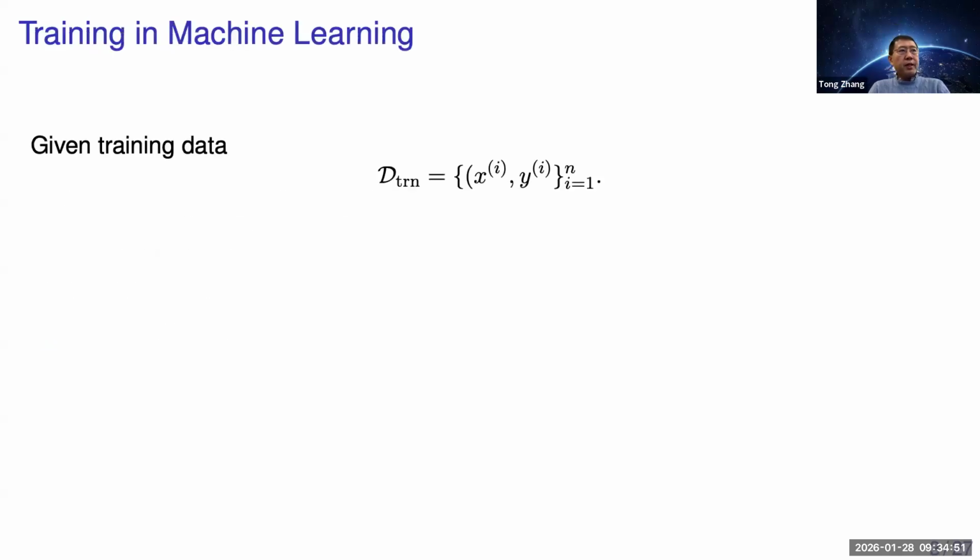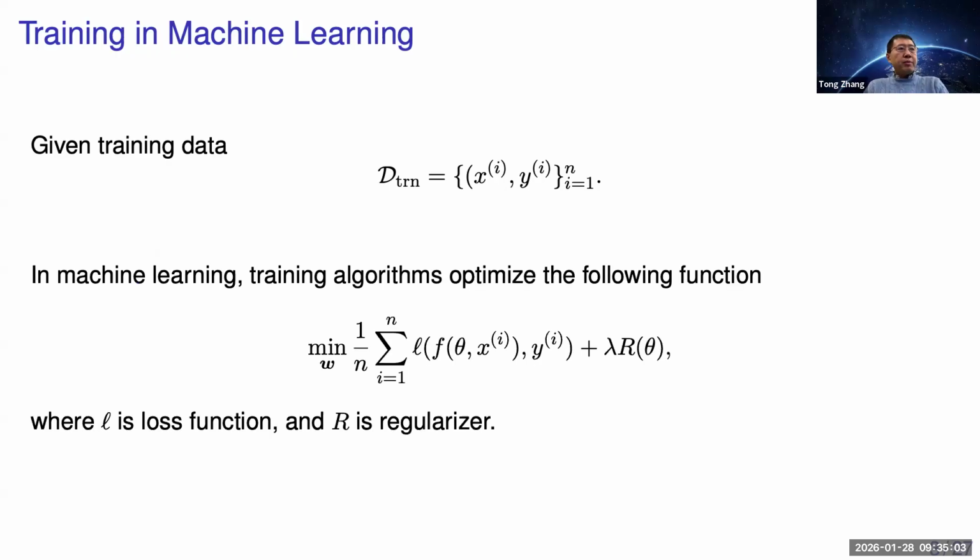Okay. So just recall, this is essentially a recall about our notation. This is training data, and this is the training objective.